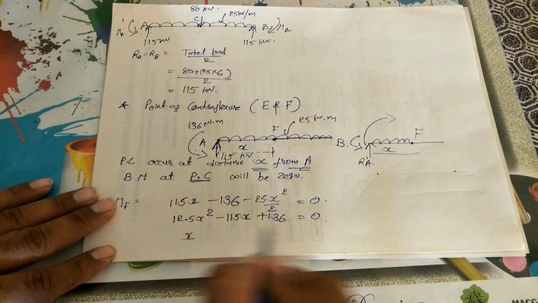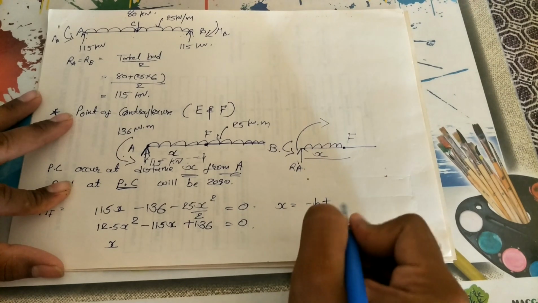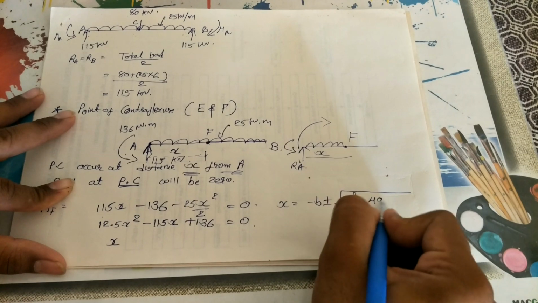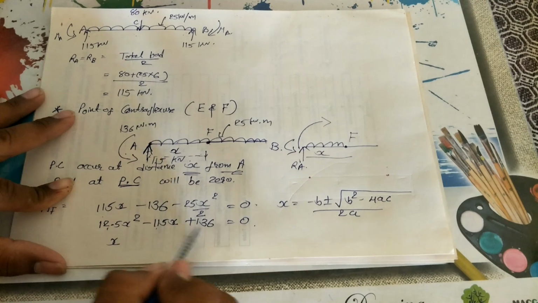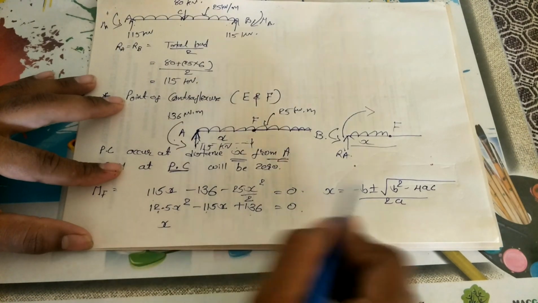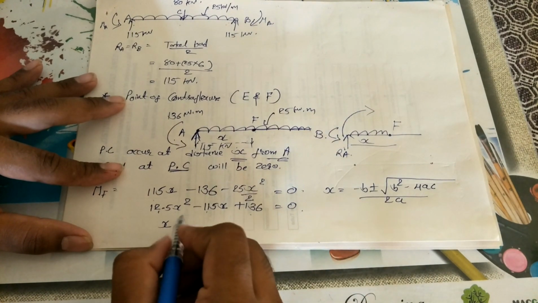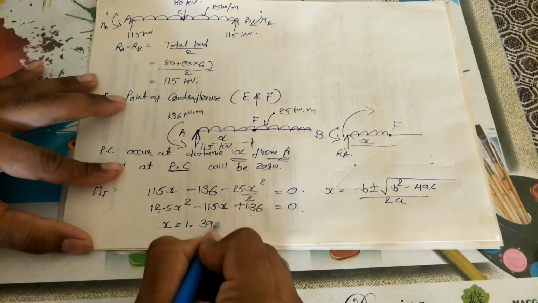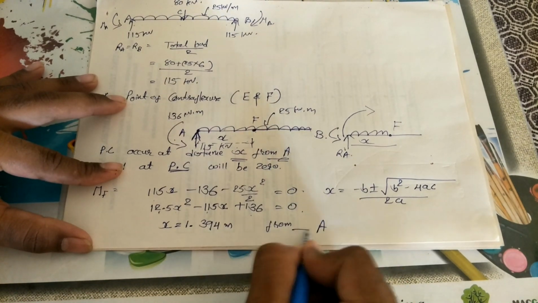Here are my A, B and C values. After putting all these values in this equation, we get X equal to 1.394 meter from A.